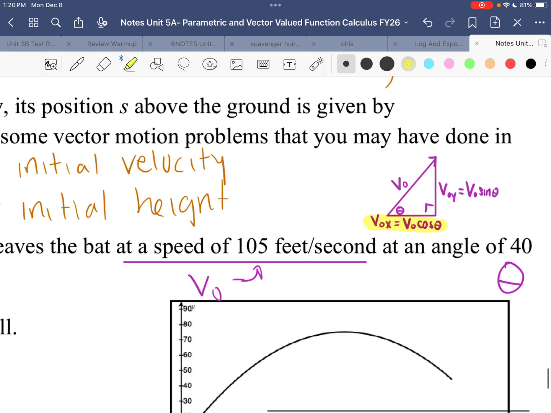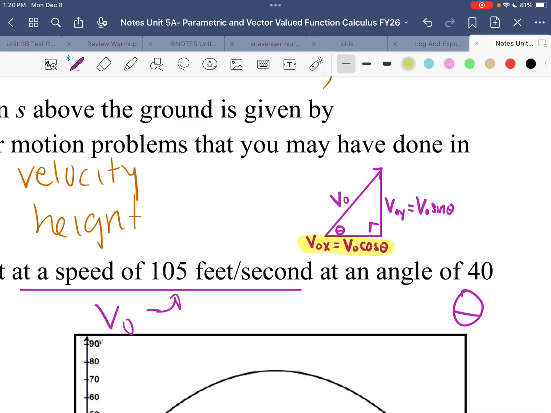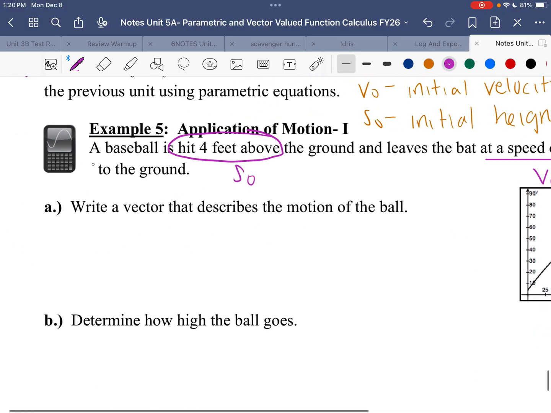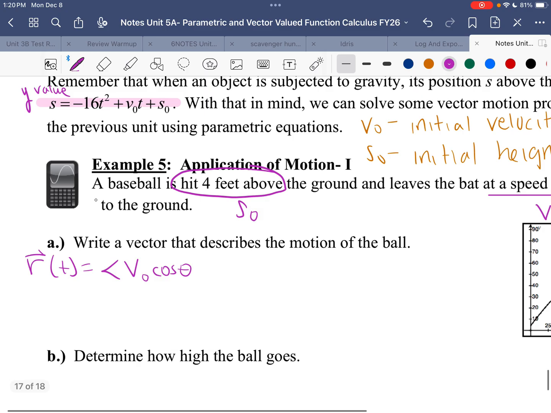So if this is the velocity in the x direction, this is a constant, and we're going to have to integrate that to get the x value in the position. When I integrate a constant with respect to t, I'm just going to get that value times t.